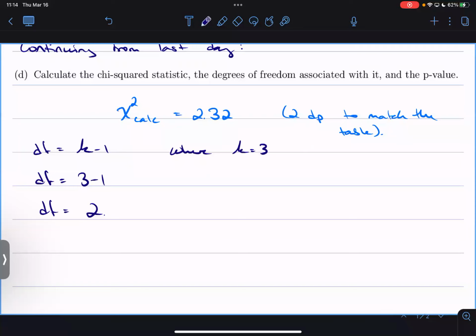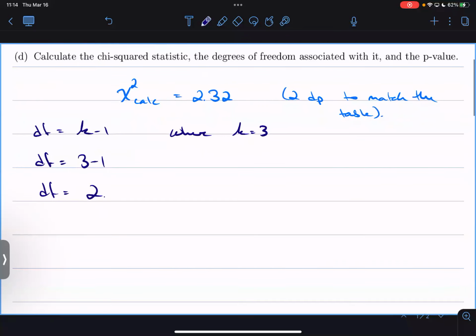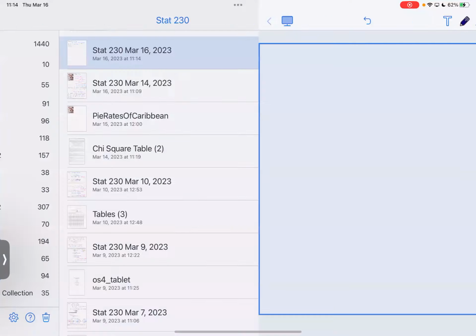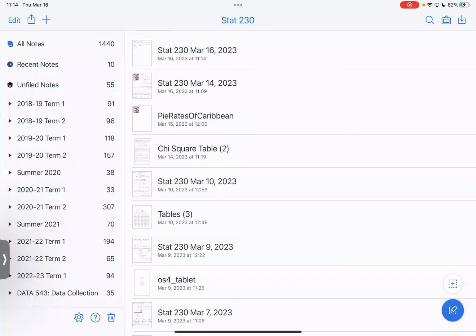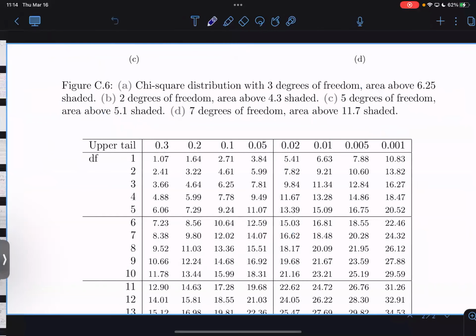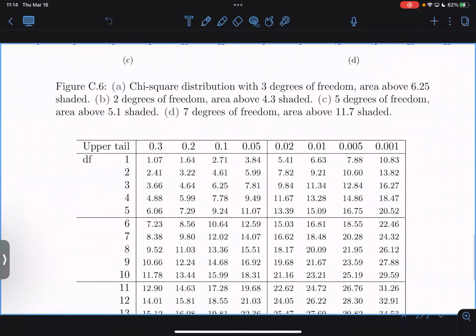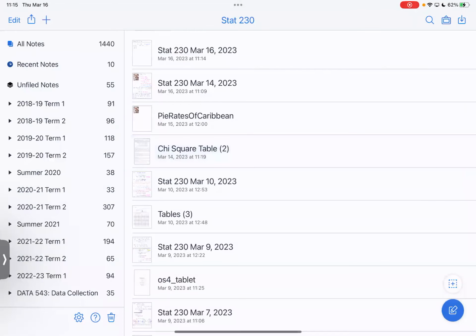So now we need to find the p-value. For the p-value, we need the chi-squared table. I'm just going to grab the first 3 degrees of freedom because I already know that I have 2 degrees of freedom, so I don't need any more of this table.